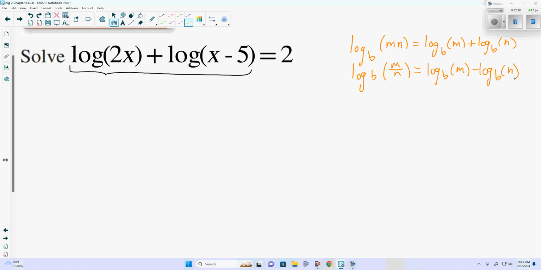So for us here, log of 2x plus log of x minus 5 can be rewritten as log of 2x times x minus 5 is equal to 2. If we have two logs being added together, we can rewrite it as a single log with what was inside of each log being multiplied together.